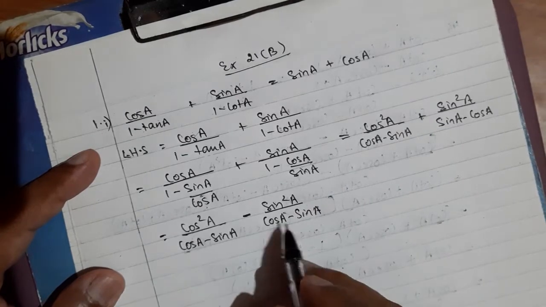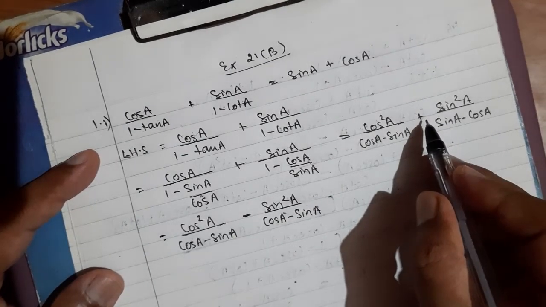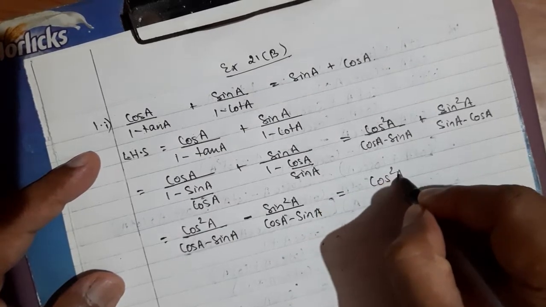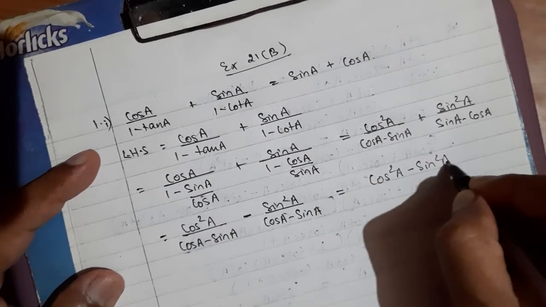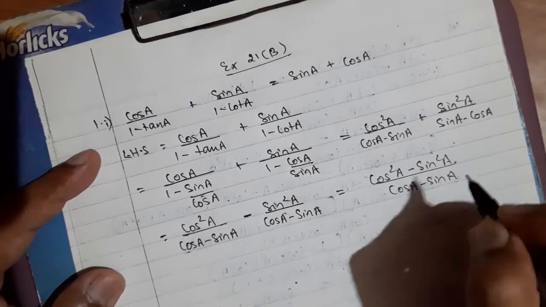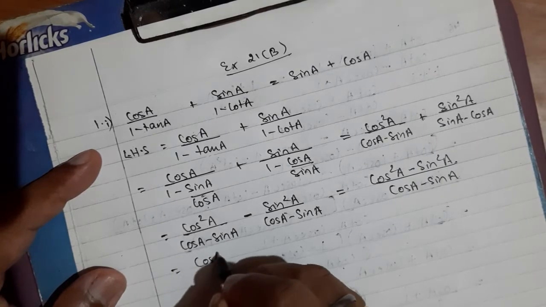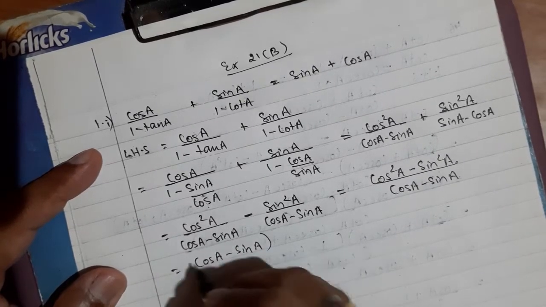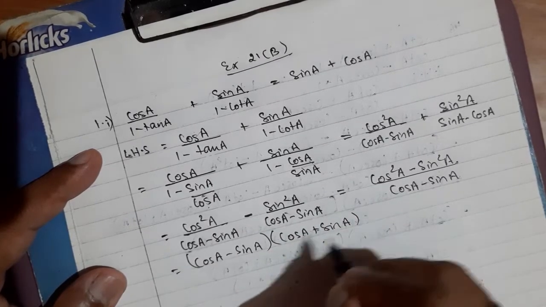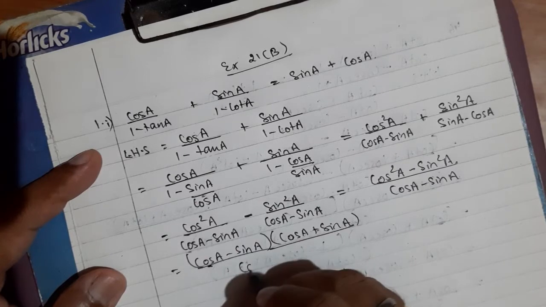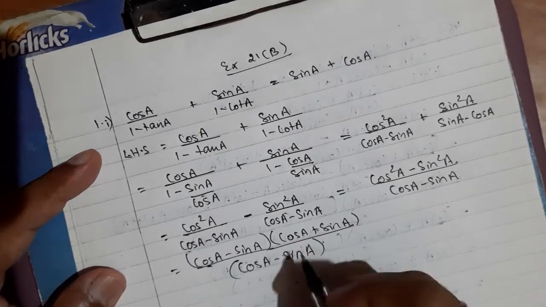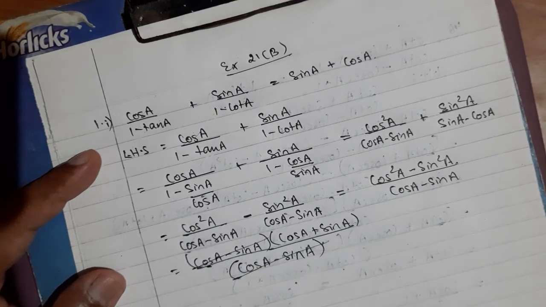Now the denominator becomes the same. Here, in place of plus we got minus, so now we have cos square A minus sin square A upon cos A minus sin A, which is equal to cos A minus sin A times cos A plus sin A upon cos A minus sin A. Cos A minus sin A gets cancelled.